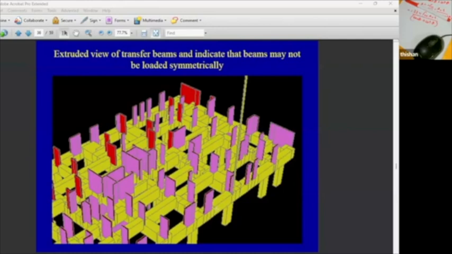So we should try our best to make the loads aligned so that we don't get torsion. On the other hand, if we can't do it due to various site restrictions and the restrictions imposed by architects, we have to tell the client, you are making it very expensive by having these not coinciding, and you must try your best to make them as aligned as possible. Is that clear? Yes, sir.